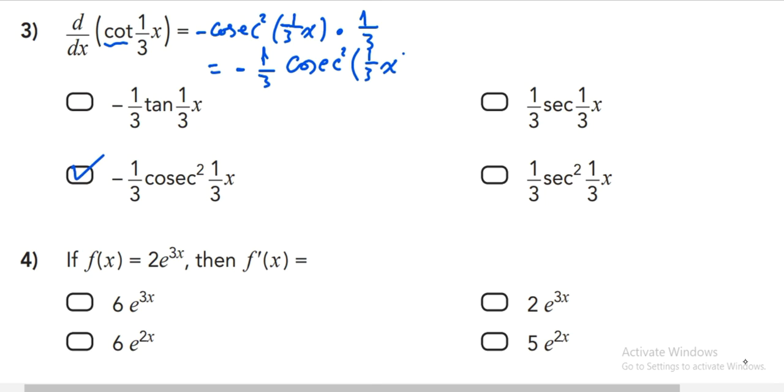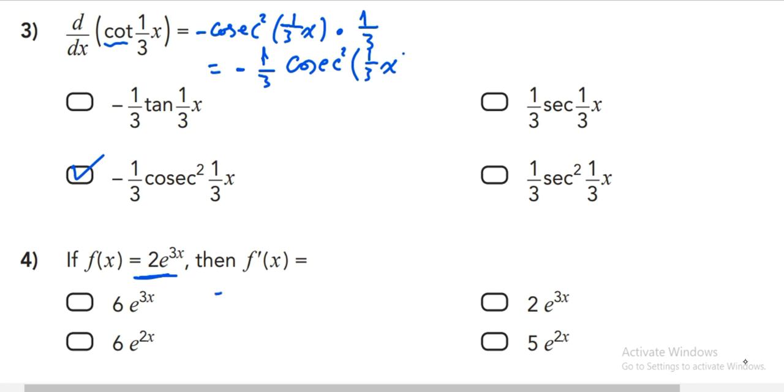Question 4. If f of x equals 2e to the power of 3x, then f dash of x equals what? Here we want to find the first derivative of this function. This function is e with a power. Its differentiation is the same function multiplied by the differentiation of the power.